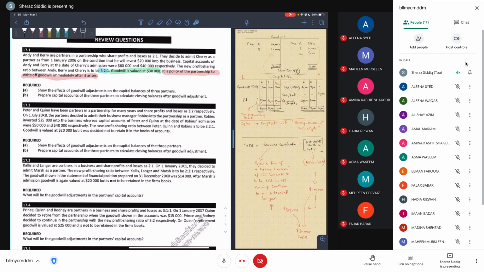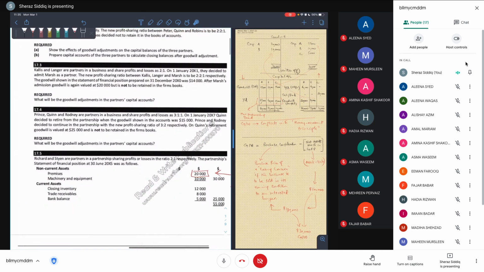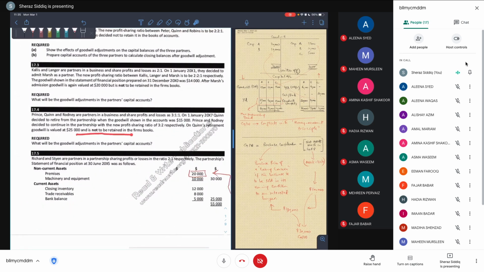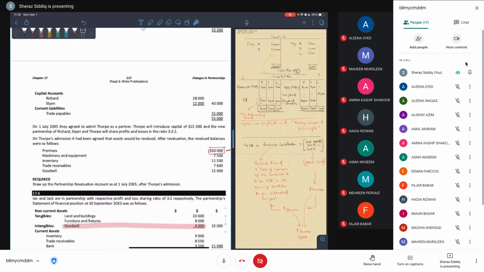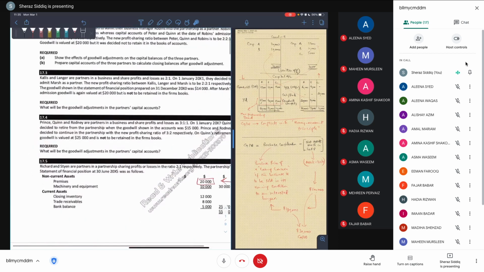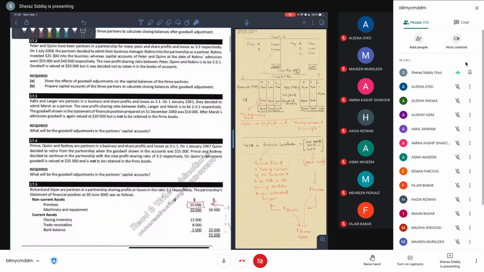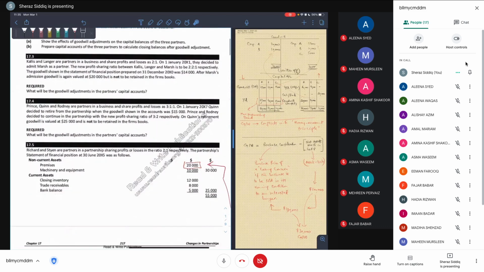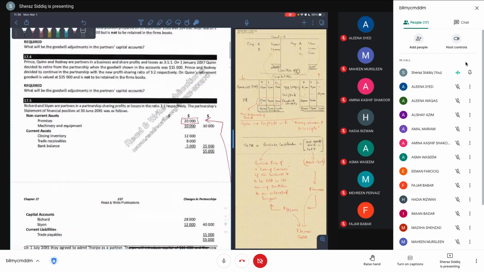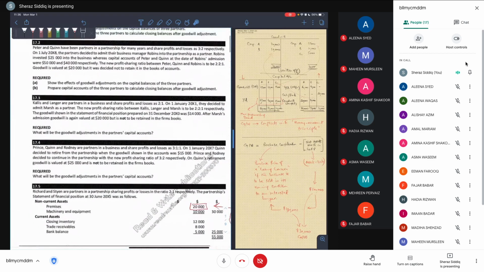But right now, जितने भी आप questions देख रहे होंगे उन सब के अंदर आपके पास not to be retained in the firm's books. You can see it's always there. अच्छा, ये तो revaluation आगे शुरू होगी. So the first 4 questions, fourth question आपने नहीं करना. Fourth question या fifth question है? Let me just see. Just a second.